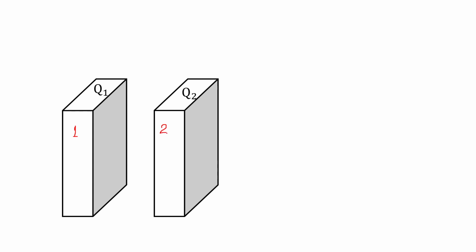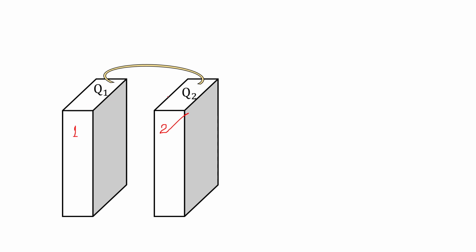Now if these plates are joined by a conducting wire, they together constitute an isolated conductor, and although the charges will appear with different values on different faces, the total charge on these two conductors will remain the same, that is Q1 plus Q2 will remain the same.